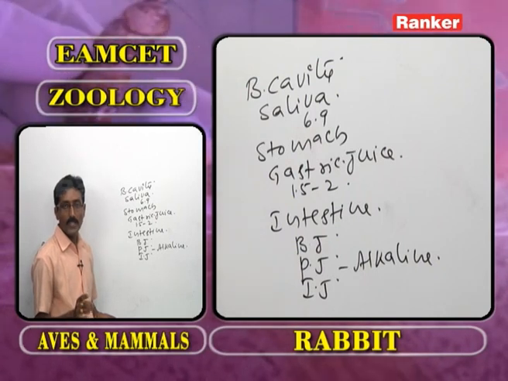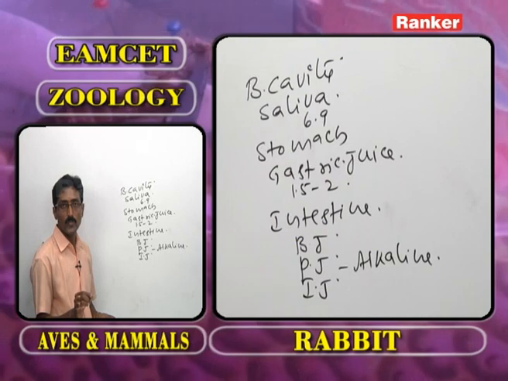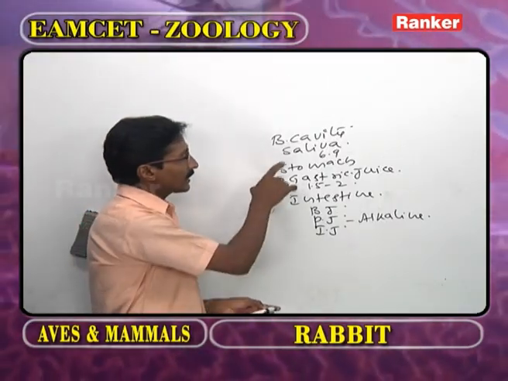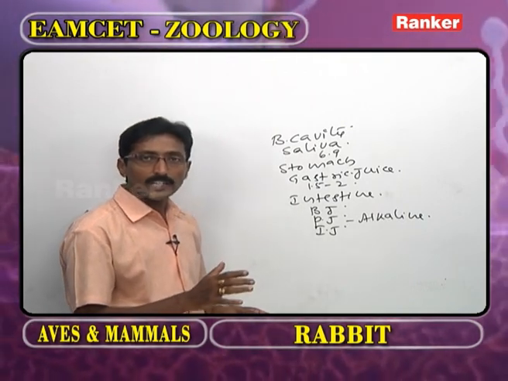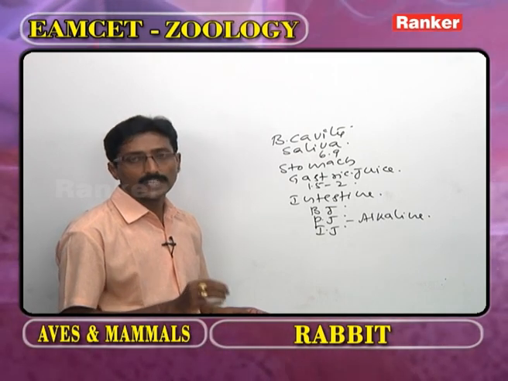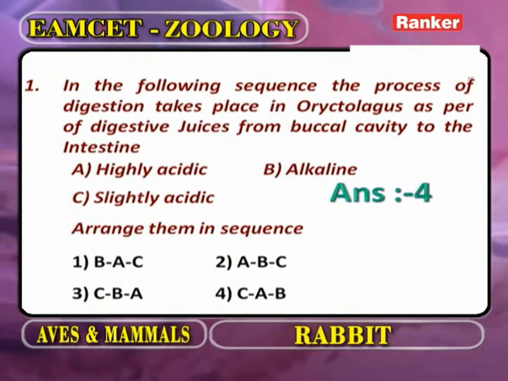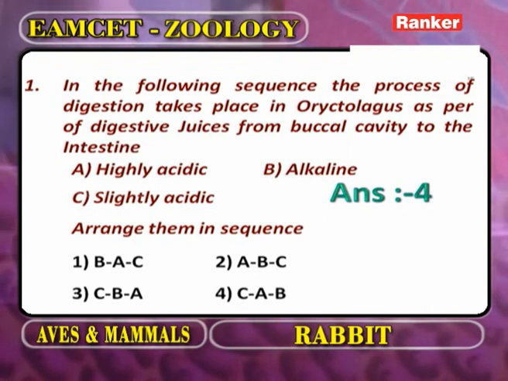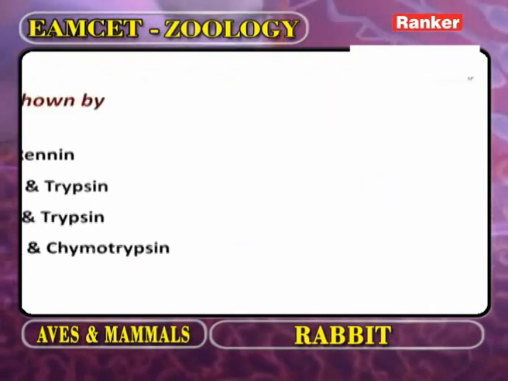Now based on this information, arrange the digestive juices in a correct sequence. One is slightly acidic, the next one is highly acidic and the last one we call alkaline. So the correct answer is slightly acidic, highly acidic and alkaline. Now we go for the next question.